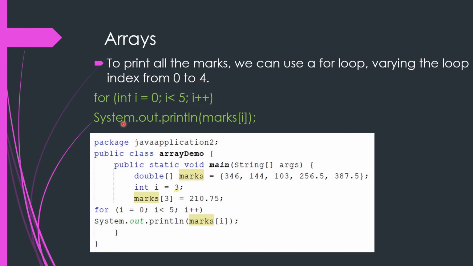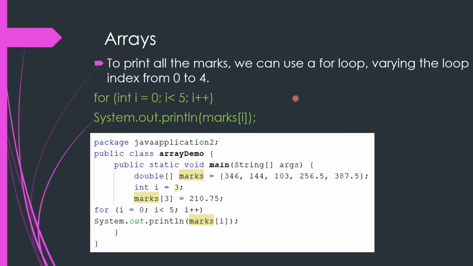After that, we have given the system.out.println statement. Why? Because we want to print the marks, and we know that for printing something we use the command system.out.println or system.out.print, and in the bracket we write what we actually want to print. So here what do we want to print?